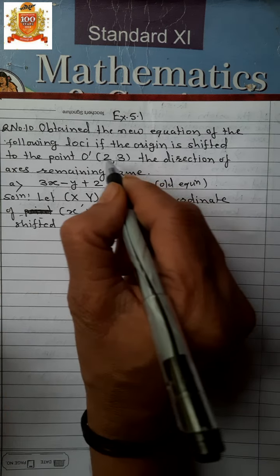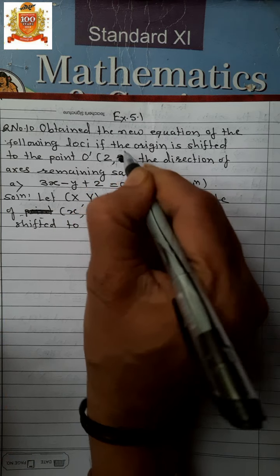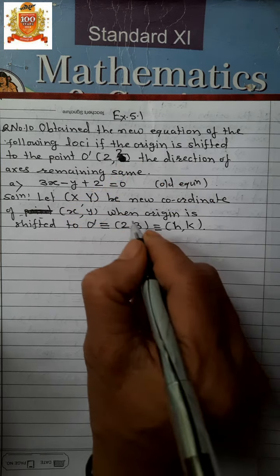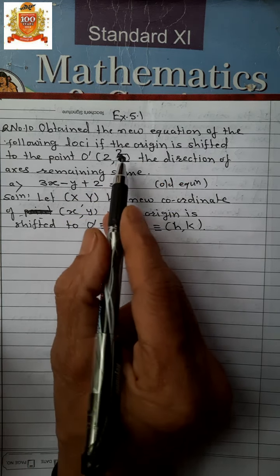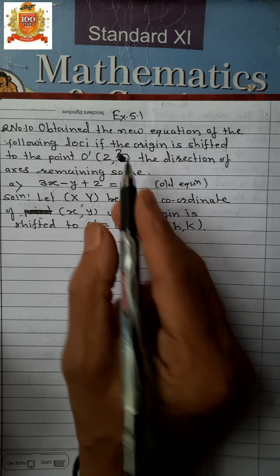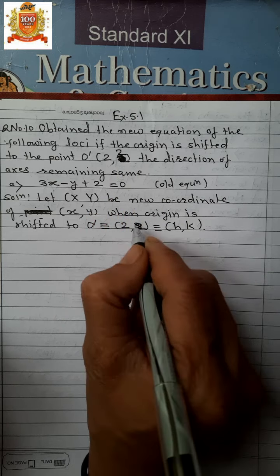Here O dash is equal to 2, 2 is given. The second point is also 2. Origin is shifted to 2, 2. By mistake I have written 3 here. Instead of 3, this y coordinate is also 2.